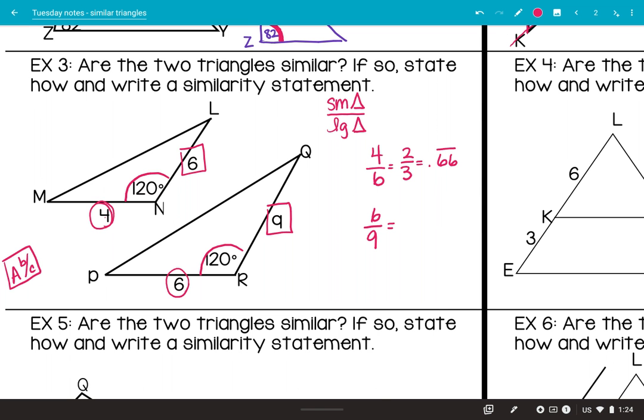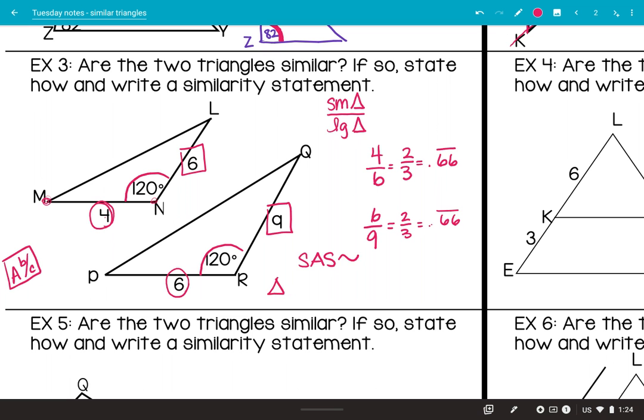And then I do it for the same one. For the next one, I do the same thing, and I get 2/3, which is 0.66. Okay, these two are the same. So we can say it is similar by side angle side. And again, I'm going to start with my small side.